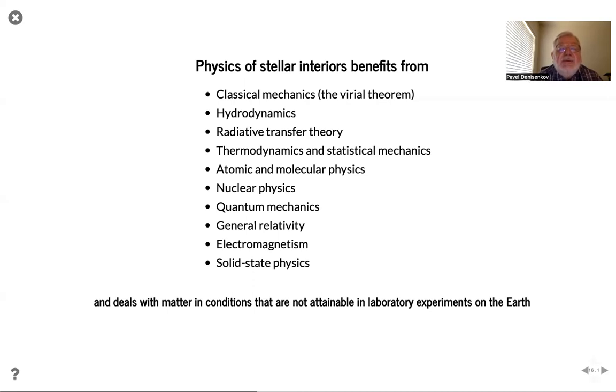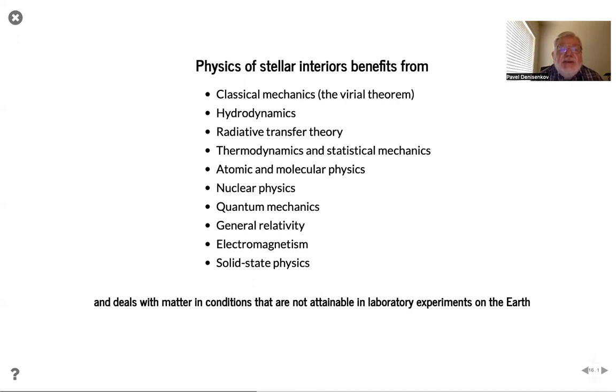Of course, stellar evolution and stellar physics benefit from hydrodynamics, because convection and other mixing mechanisms are important both for the evolution of stars and for studying nucleosynthesis in stars, the production of chemical elements and isotopes.